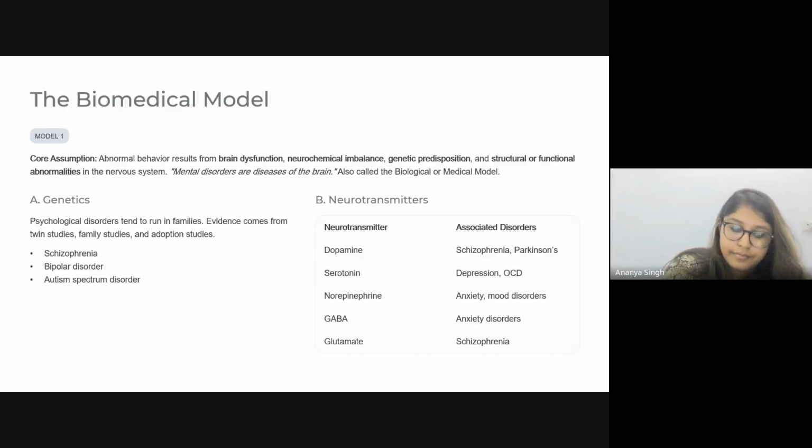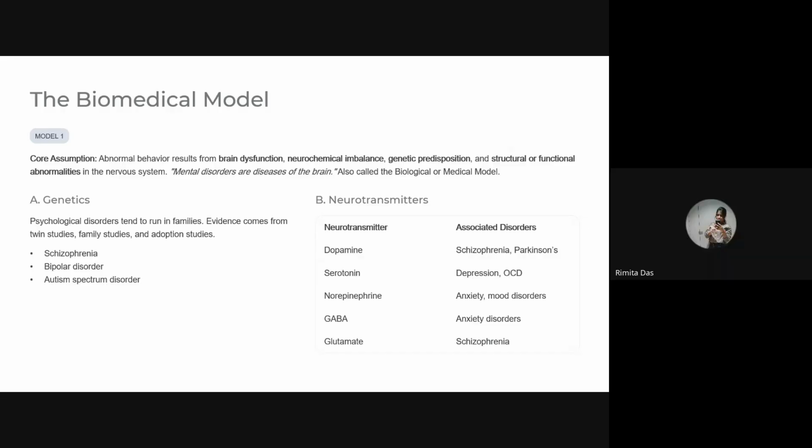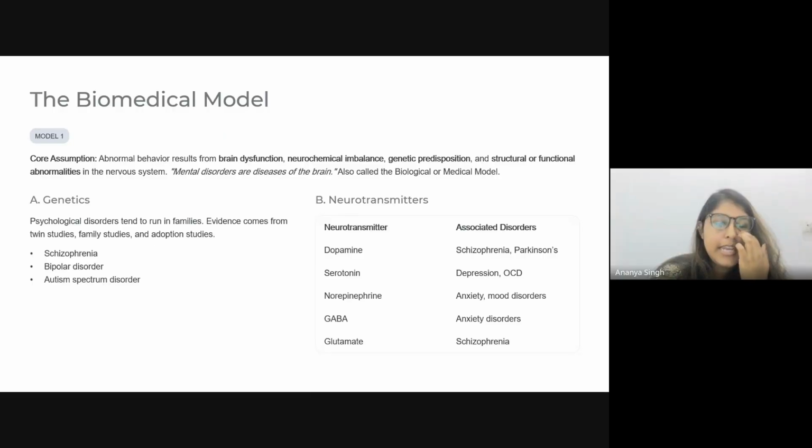Isn't depression also related to dopamine, because our nucleus accumbens and reward centers are associated with dopamine? So depression also stems from there. Yes, you're very correct.